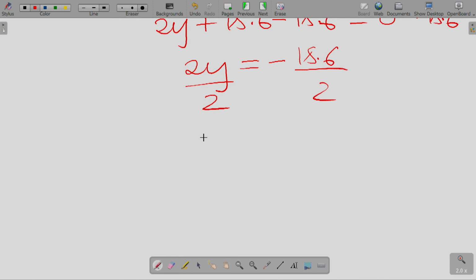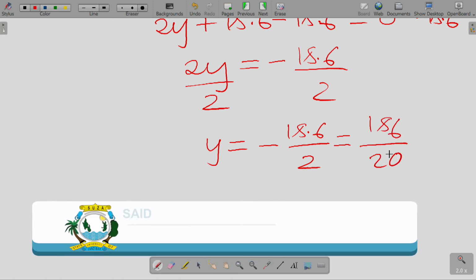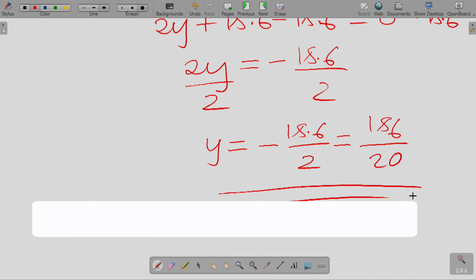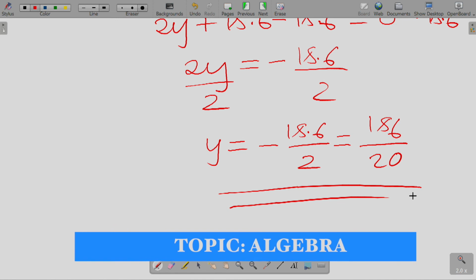So we'll get y equal to negative 18.6 divided by 2, which is equal to 186 out of 20. This will be the answer, which is y equal to 186 out of 20.